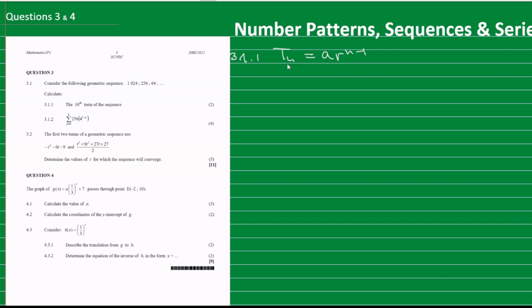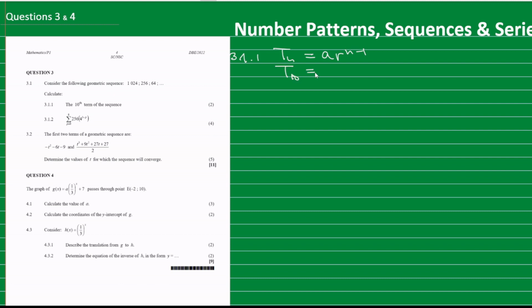Basically what it says is that if you are going to find the term in any position, take the value of A being the first term of the sequence, in this case 1024, R is our common ratio, N is the position. So translating this 10th term, it means that we are going to calculate T10.